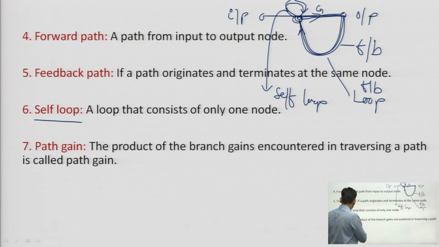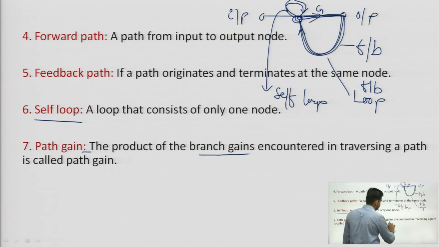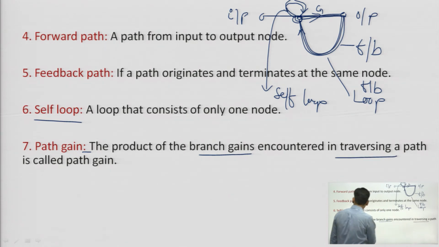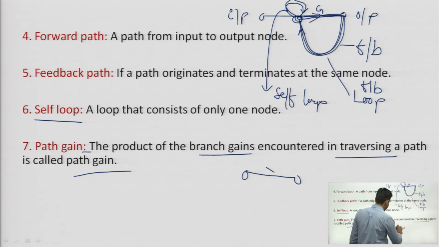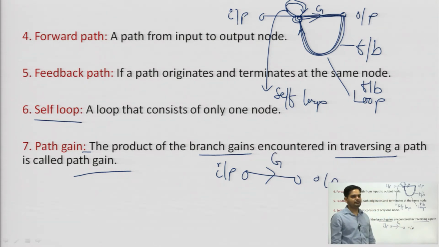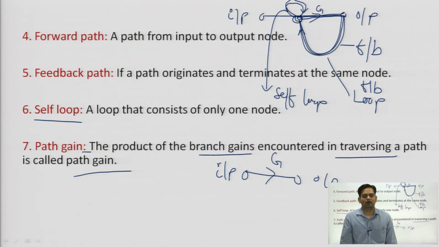Then path gain: the product of branch gains encountered in traversing a path is called the path gain. I already discussed this in the definition of path. If I am going from input to output, whatever gains are encountered, their product is the path gain. We will use it when we solve numericals. For example, suppose I go from input to output and encounter two branches having gains G1 and G2.